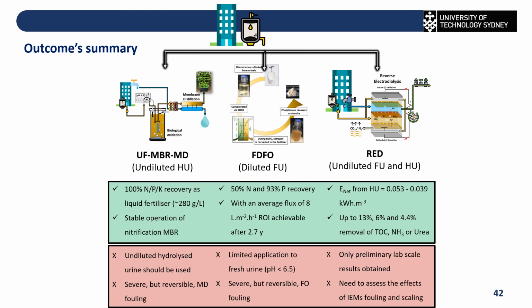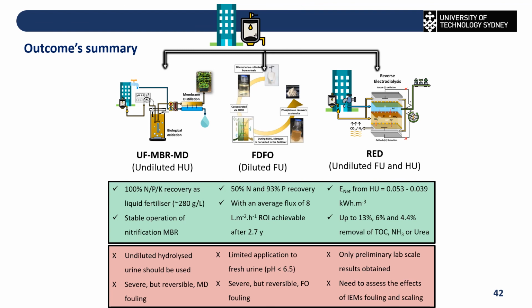Also, with fertilizer drawn forward osmosis, 50% nitrogen and 93% phosphorus recovery was achieved from this FO process, with an average flux of 8 LMH and return on investment achievable after 2.7 years.